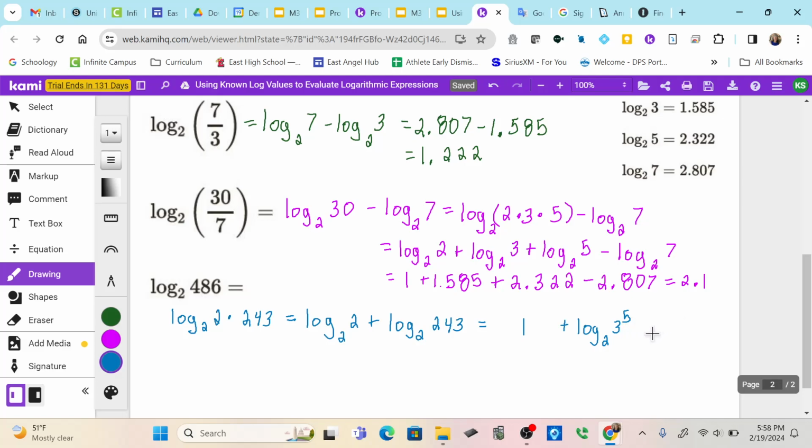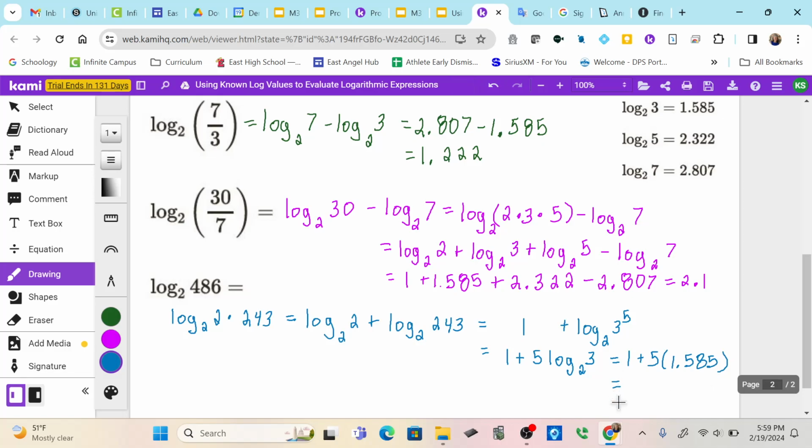With the power property of logarithms, I can take that exponent 5 and write it in front of my logarithm. So we have 1 plus 5 times the log base 2 of 3, which we know the value of. So now I'm going to have 1 plus 5 times 1.585.